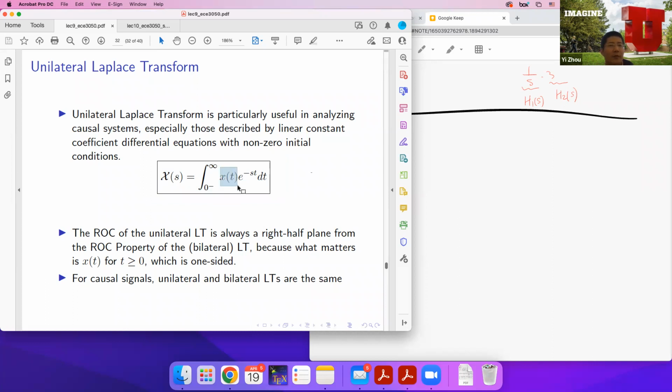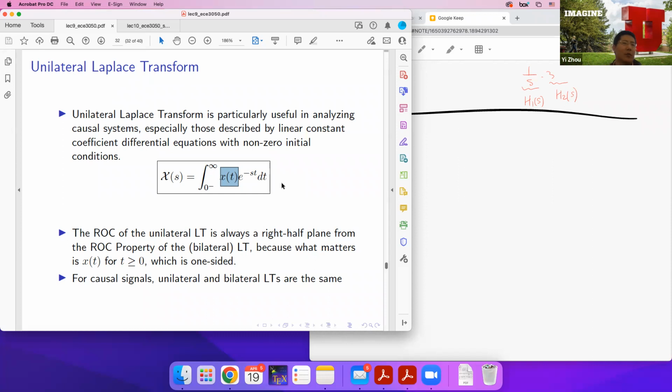The other motivation is that because the integration starts from 0 negative, intuitively it only depends on the signal while t is greater than or equal to 0, only the positive part of the signal in the positive time domain. A signal in a positive time domain is called a causal signal. That's the definition of a causal signal.